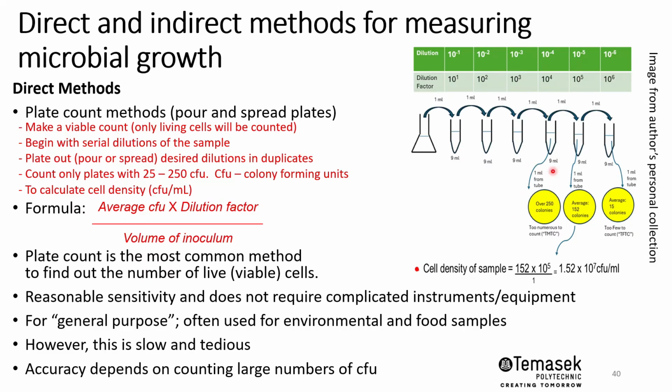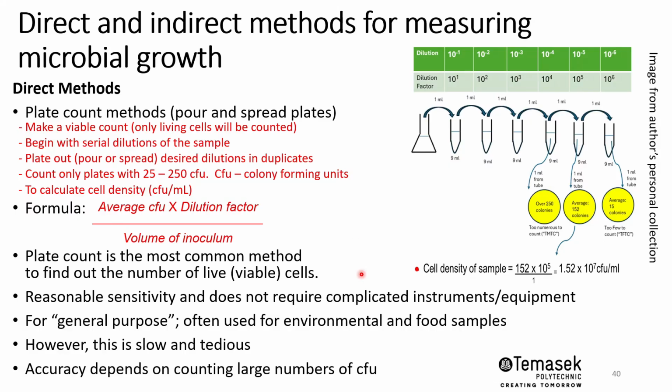So with this plate count method, you're able to enumerate the amount of bacteria in the sample you have taken in the inoculum. The plate count is the most common method to find out the number of live or viable bacterial cells. It has good sensitivity, and you don't need a lot of complicated instruments or equipment.